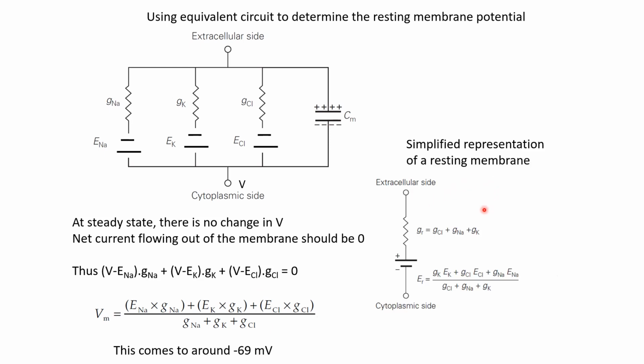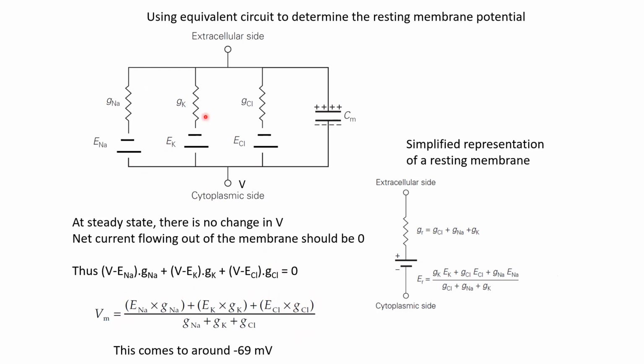And if we want to simplify the representation of the neuronal membrane, we can combine these three into a single type of conductance, where the total conductance will be the sum of these three conductances, and the battery can be replaced by this final voltage.